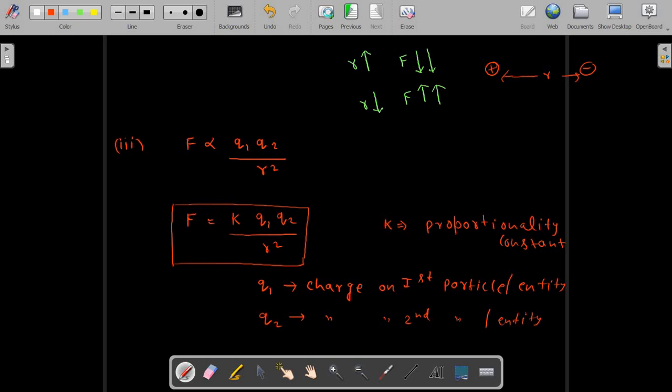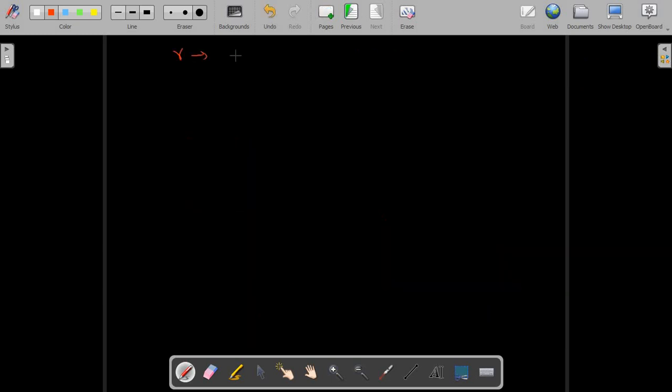And R is what? R is the distance between two charges. And what is that distance?